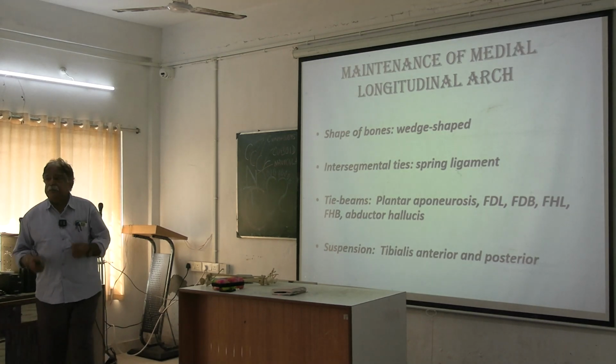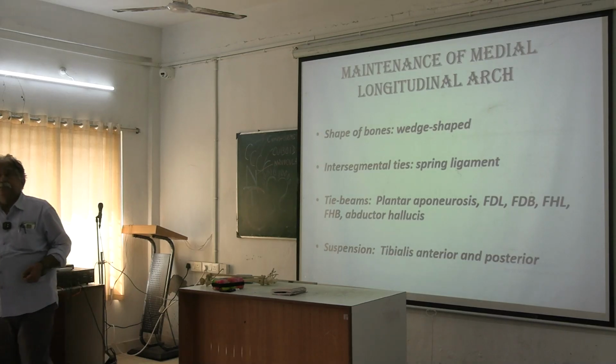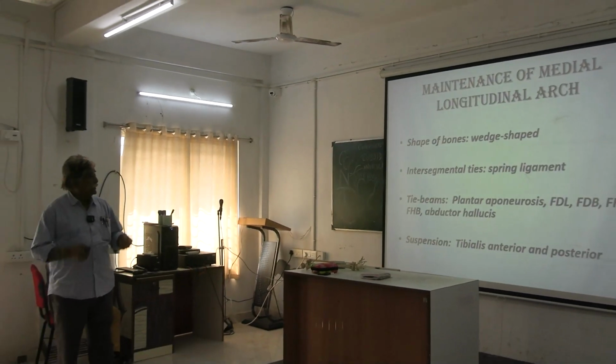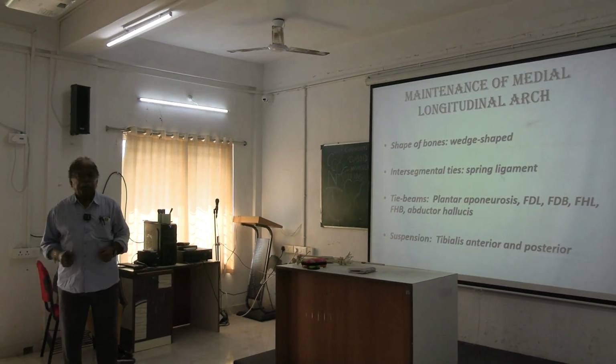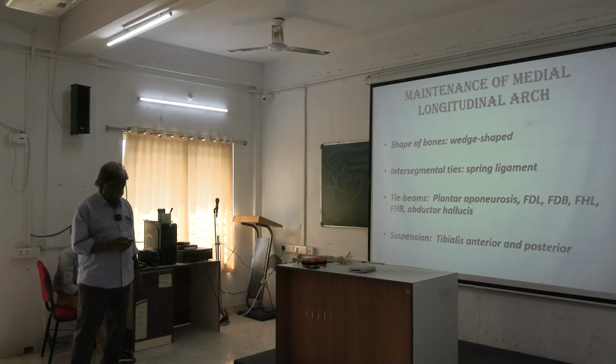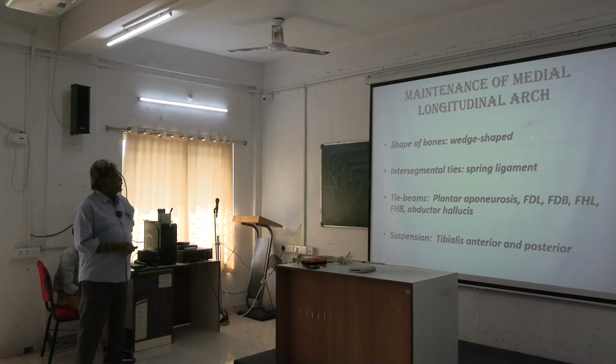Now, how is it suspending? It is the tibialis anterior and posterior. That is the suspension. Maintenance of medial longitudinal arch: shape of bones, wedge shaped; intersegmental tie, spring ligament; tie beams, plantar aponeurosis, flexor digitorum longus, flexor digitorum brevis, flexor hallucis longus, flexor hallucis brevis, abductor hallucis.